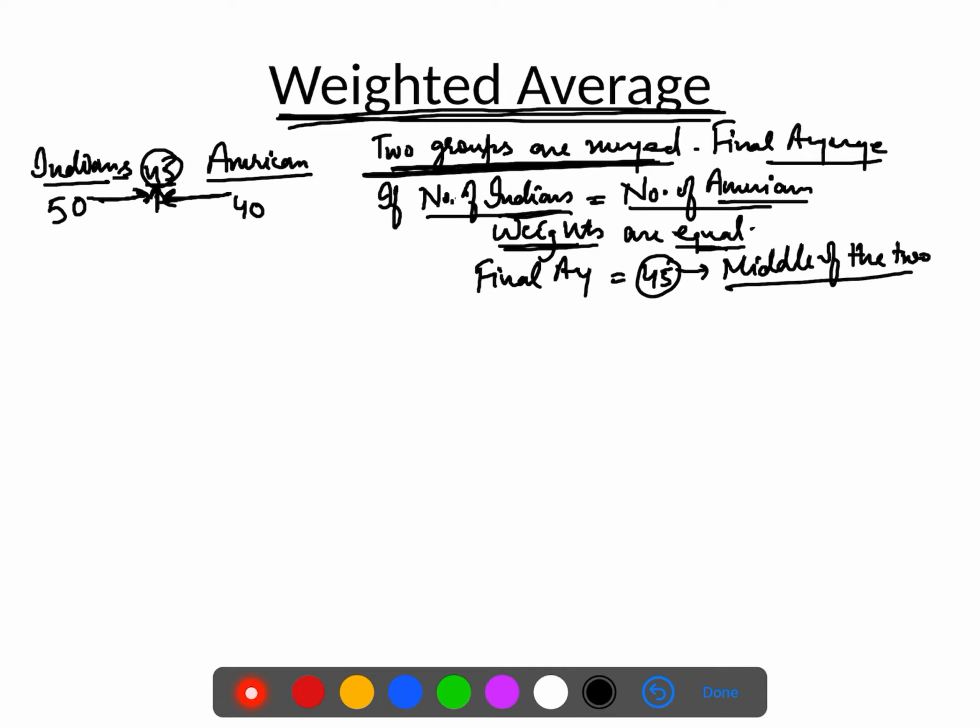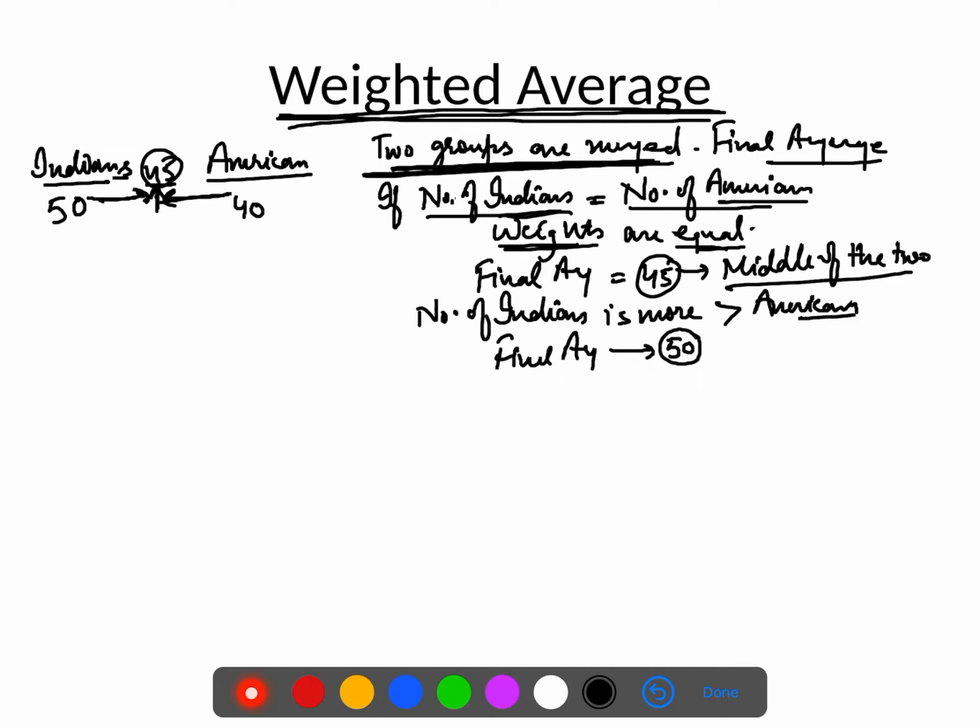Now let's say the number of Indians is more as compared to the number of Americans. So imagine in a weighing pan, if we have more weight in one pan, the needle, or the final average here, will shift towards that pan.